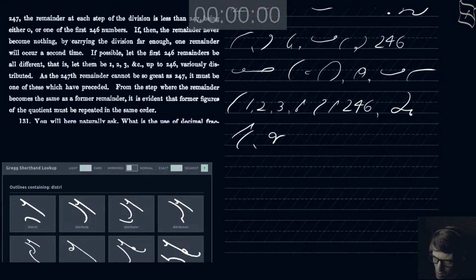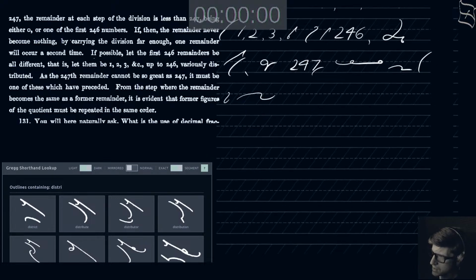As the 247th remainder cannot be so great as 247, it must be one of those which have preceded.